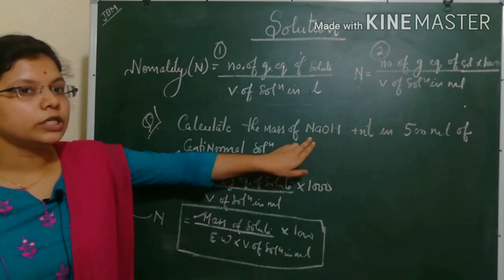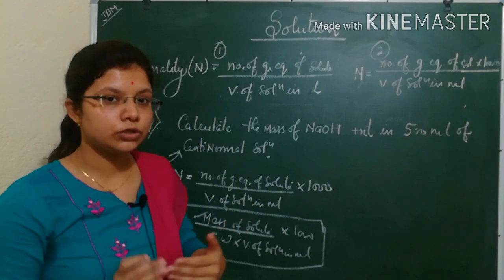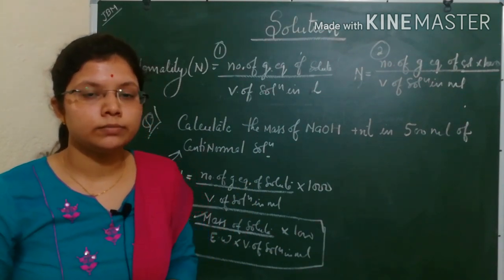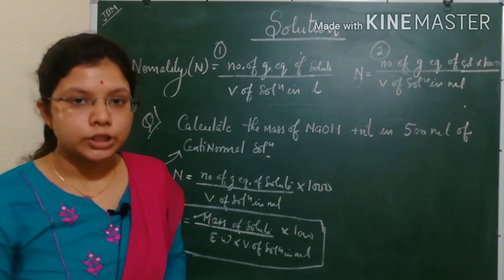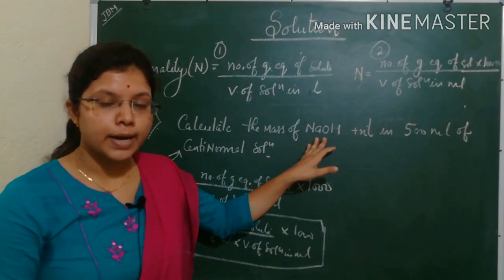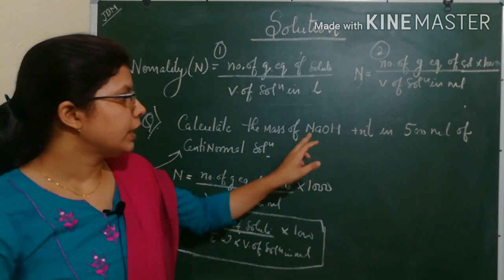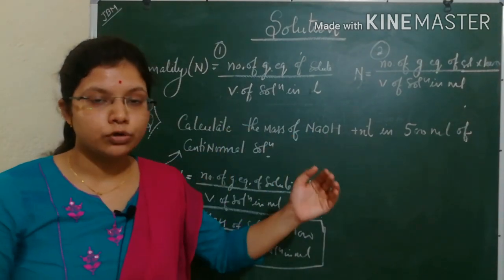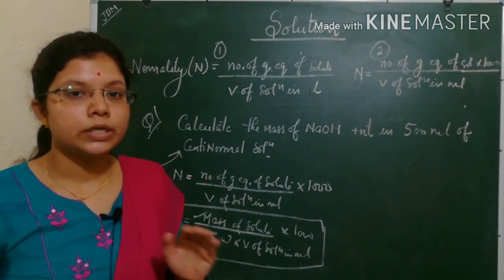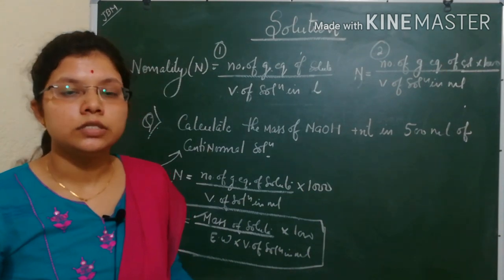Equivalent weight of sodium hydroxide, if you do not know, I already told you in the last video that molecular weight of sodium hydroxide and equivalent weight of sodium hydroxide are always equal, that is 40. But if you don't know, then you can calculate the molecular mass of sodium hydroxide. To calculate the equivalent weight, sodium hydroxide can donate only 1 OH minus ion. If you divide 40 by 1, you will get 40. So equivalent weight of sodium hydroxide is 40.